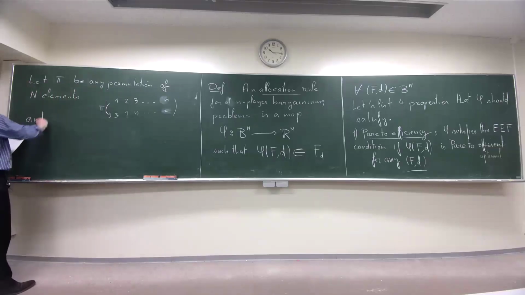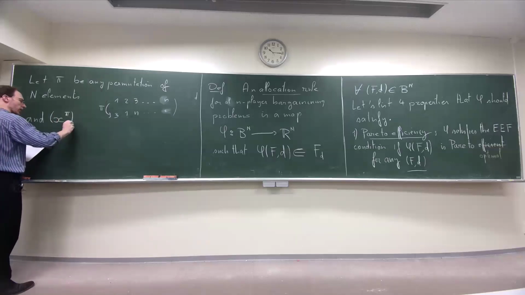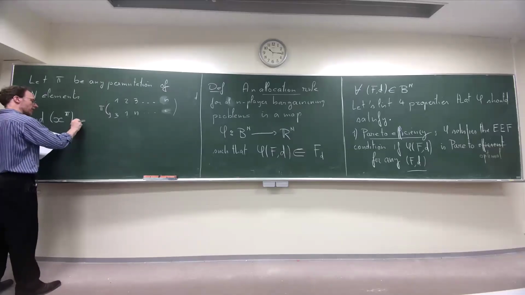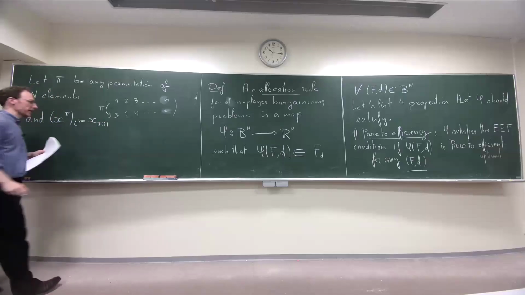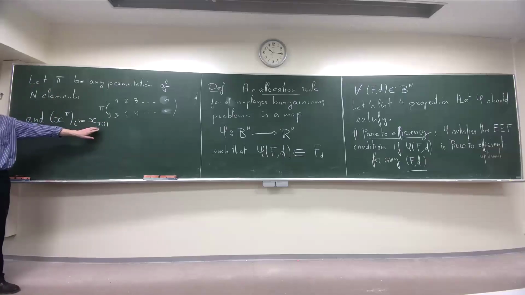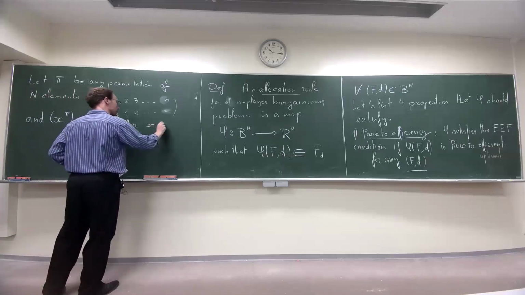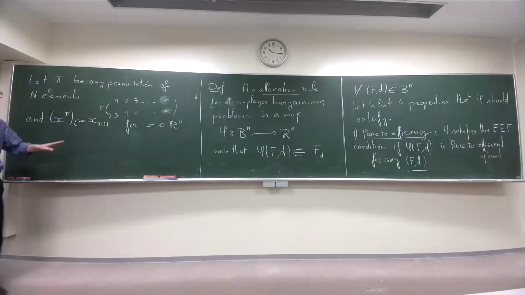and I define x pi. It's going to be an element of Rn. Its index i is, by definition, x of pi of i. So let's check. For any x in Rn, I have n indices and I exchange them.